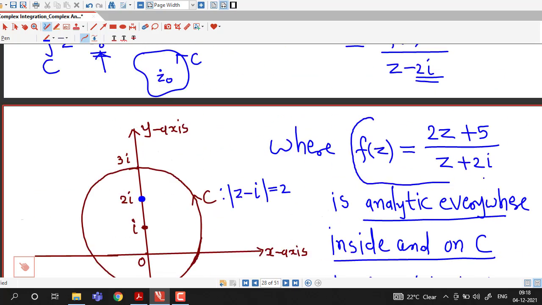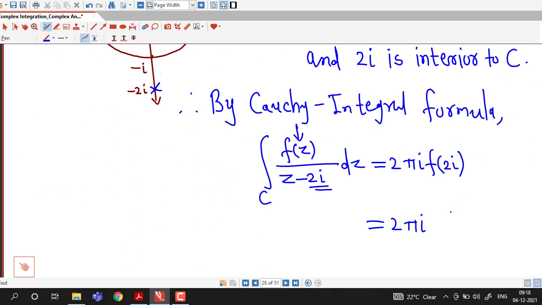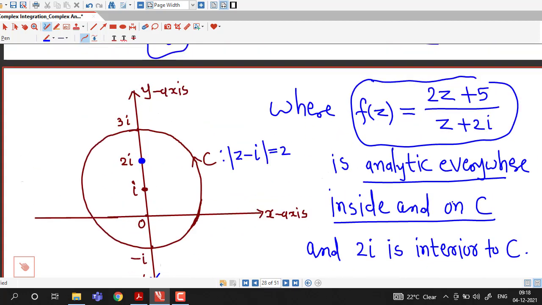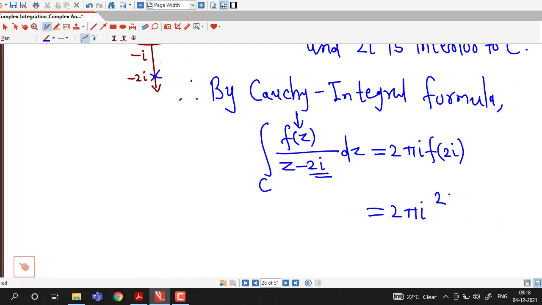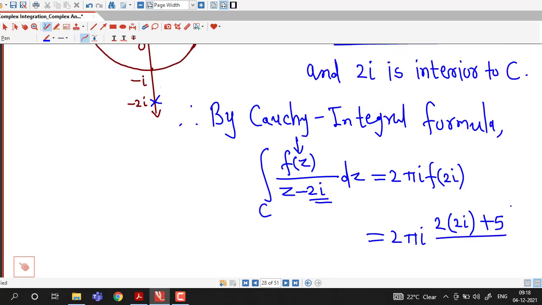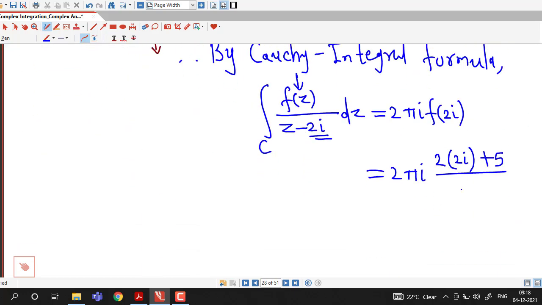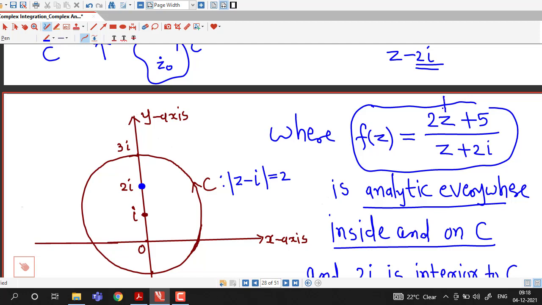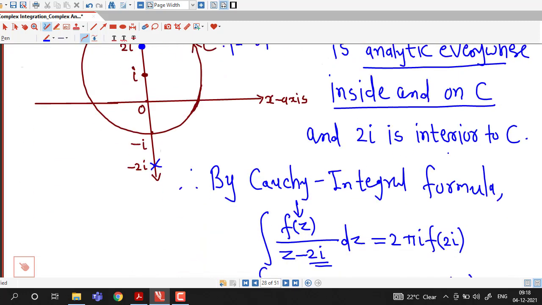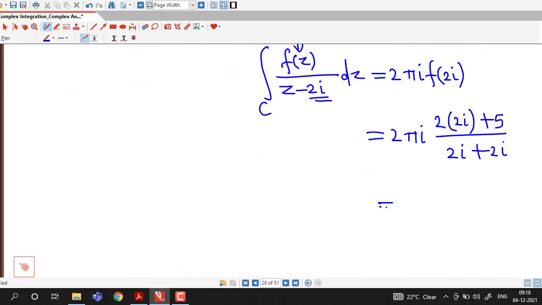So we have (2·2i + 5) divided by (2i + 2i).